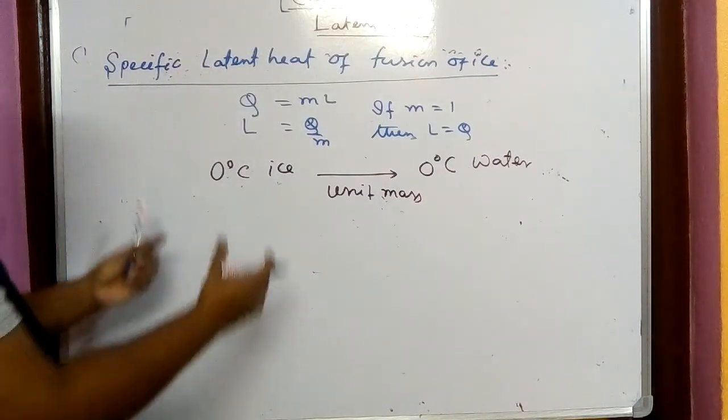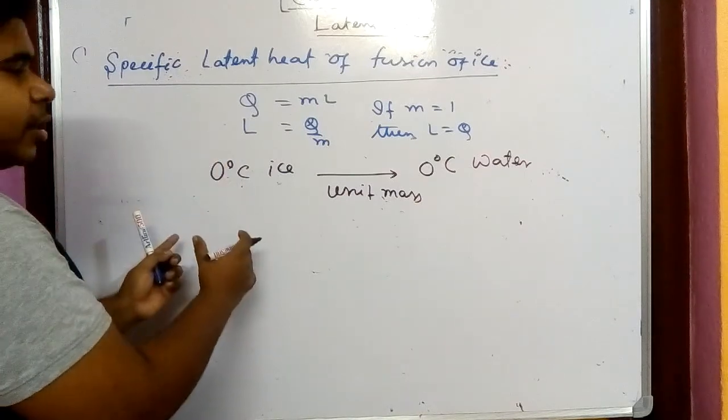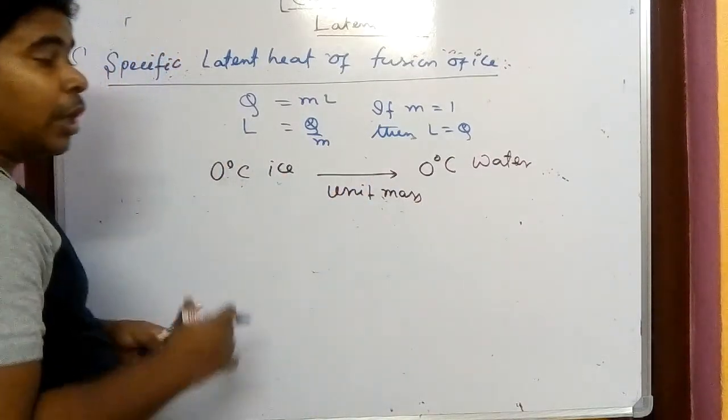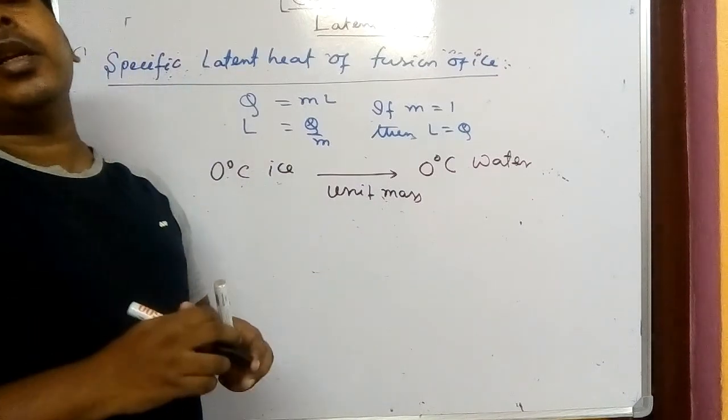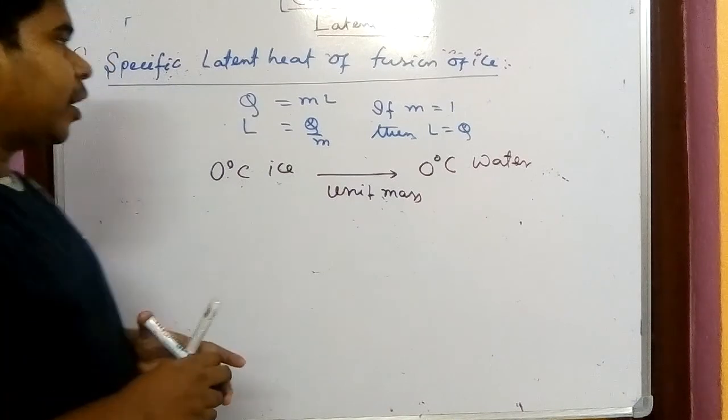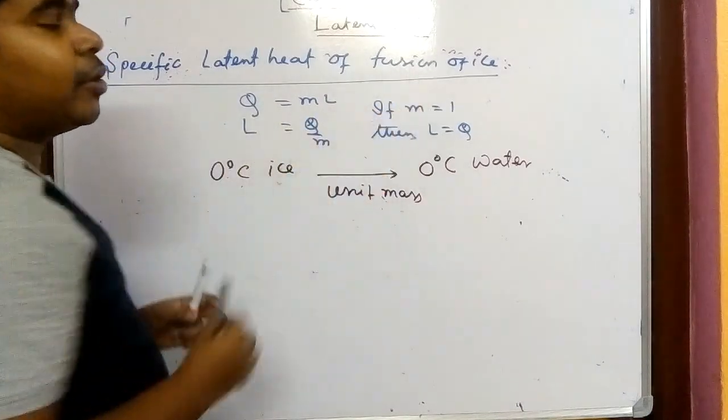So when unit mass of 0 degree centigrade ice is converted into unit mass of 0 degree centigrade water, how much heat energy is needed, that is known as specific latent heat of fusion.